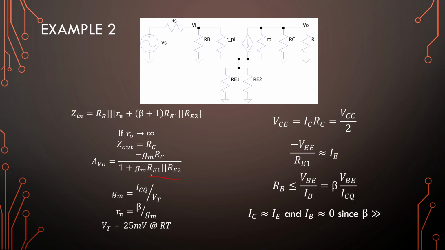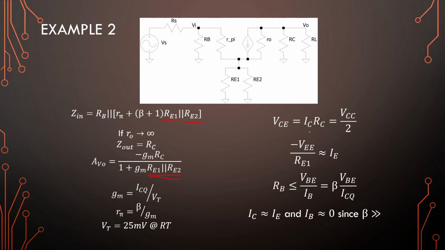There is, however, something extra that we can discuss about using the parallel combination when doing the design. We can eliminate one of these resistors for design purposes. But I'll show you the math.